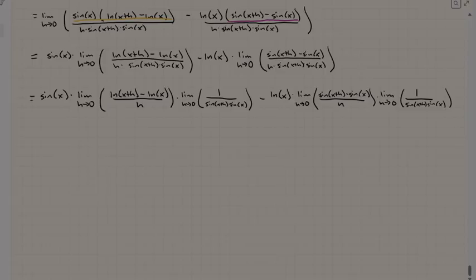So then there we go. We're mostly done. This part, we said that the derivative of ln of x is equal to 1 over x. And this part, the derivative of sine of x is cosine of x.